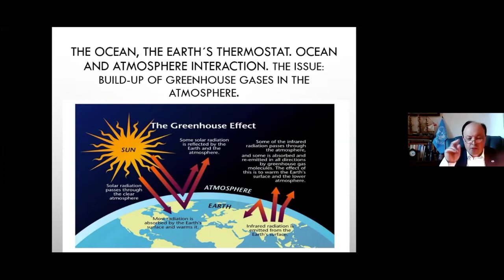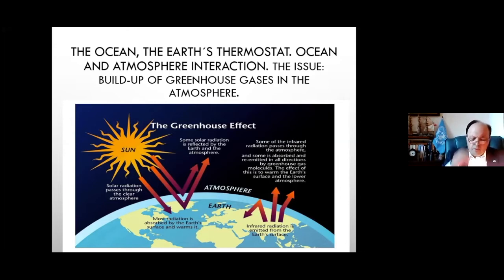The first 3 meters of the surface of the global ocean has the same thermal capacity as the entire atmosphere. So there is huge transfer of heat, of energy from the atmosphere to the ocean. And this is very important. It's a very important key interaction between the two, atmosphere and the oceans. Transfer of heat, transfer of energy from the atmosphere to the oceans.